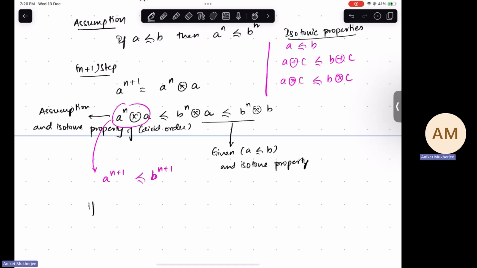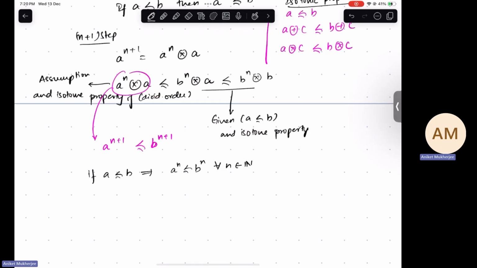So if A is less than or equal to B, this implies A^n is less than or equal to B^n for all n belonging to N, right? Now from the isotonic property of addition, you can add all these up, and the infinite sum of all these A^n gives you the Kleene star operator.